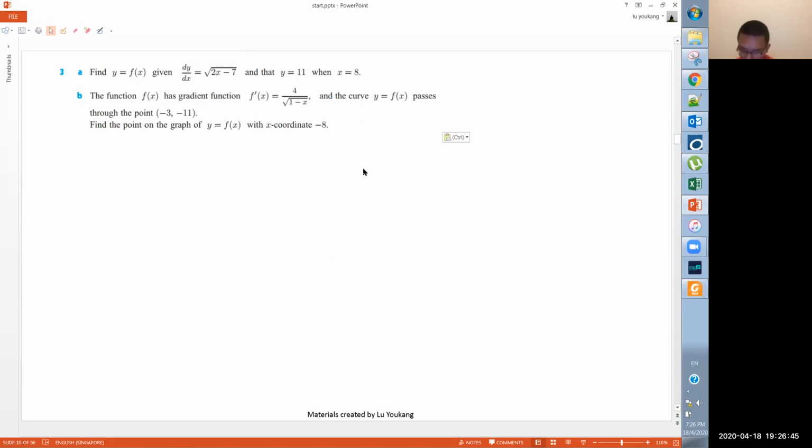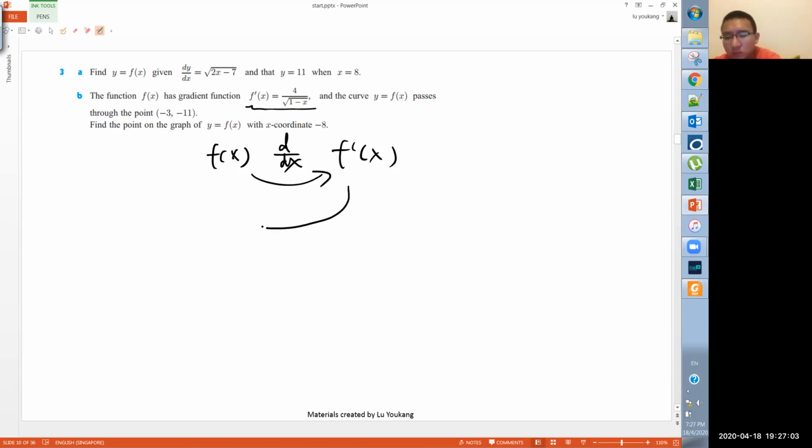For 3B, it says you have a function which has a gradient function of this. So similarly, graph function, you differentiate to get this, right? So to get back the graph function, you need to do integration. So what you do is you integrate this.